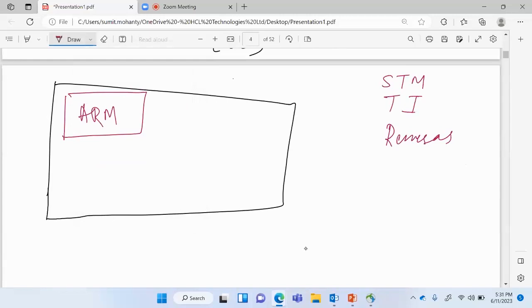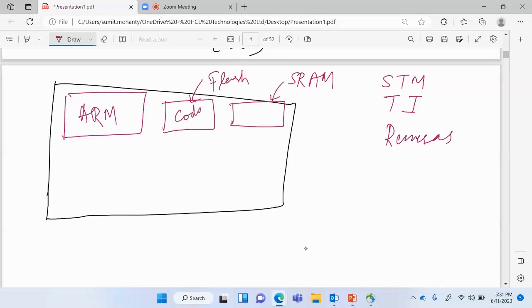Okay, then the microcontroller company now prepares two different memories. What are the two different memories? One is the flash, which is the permanent memory. One is the SRAM, which is the temporary memory. This flash is otherwise called code memory.